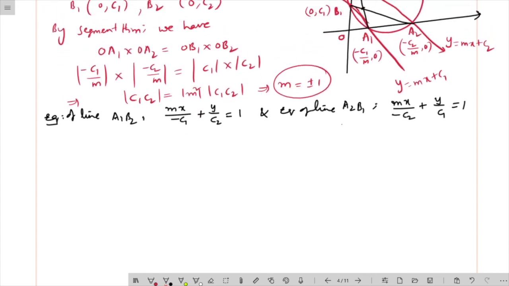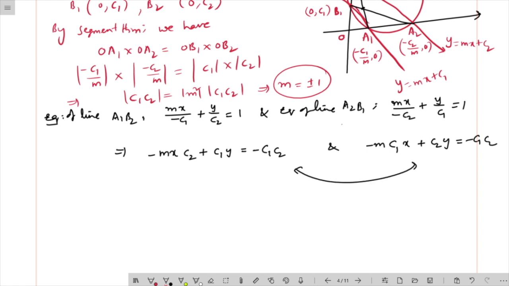Here we can write this equation as -mxc2 + c1y = -c1c2, and the other equation as -mc1x + c2y = -c1c2. Since the right hand sides of both equations are the same, we can equate the left sides: -xc2 + c1y = -mc1x + c2y.